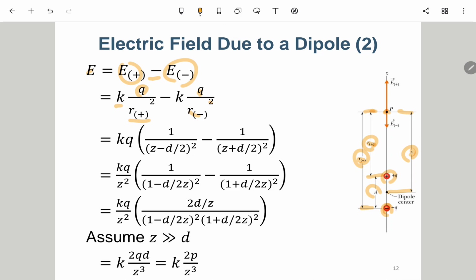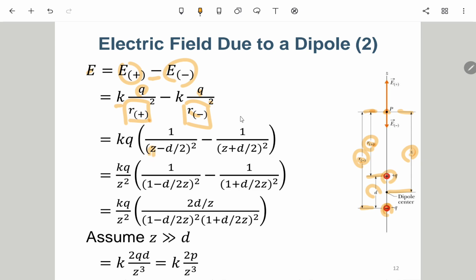We try to express R plus and R minus using Z and D. Z and D are considered to be known values, and R plus and R minus are dependent variables. So we will use Z instead of R plus and R minus.